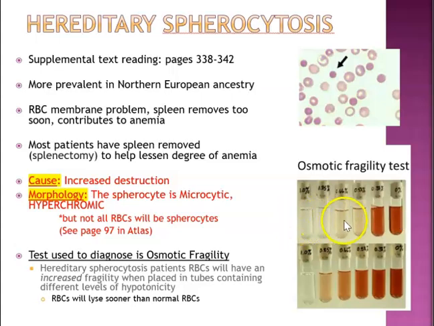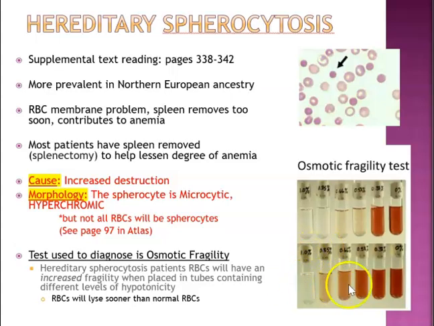So in the normal patient, we do not see any pinkish color until about the 0.66% tube. So red blood cells do not start to lyse until about this third tube. So this is for a normal patient. When red blood cells lyse, they release their contents, their hemoglobin, and then you'll see that pinkish color in the solution.